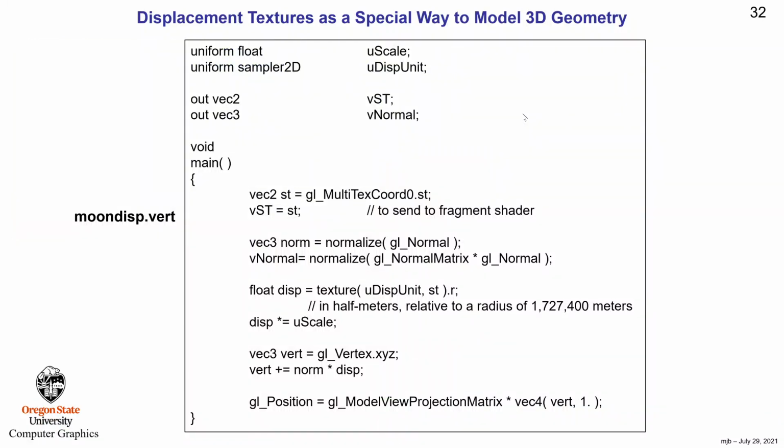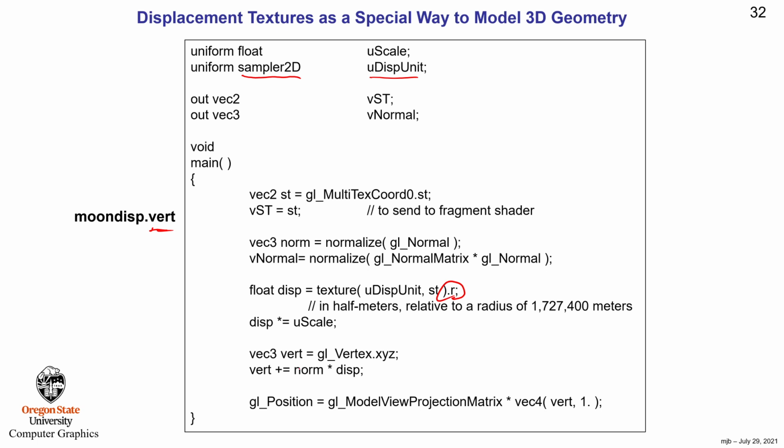And here's how you do it. Here's the vertex shader. You've got a sampler. That's the displacement image. Notice the picture image doesn't even come into play in the vertex shader. It shows up over in the fragment shader. We grab the displacement. There's only one thing in it, so it's sitting on the .r.